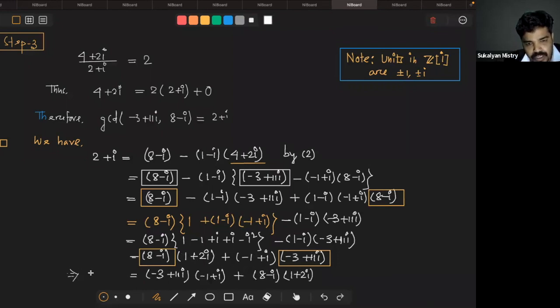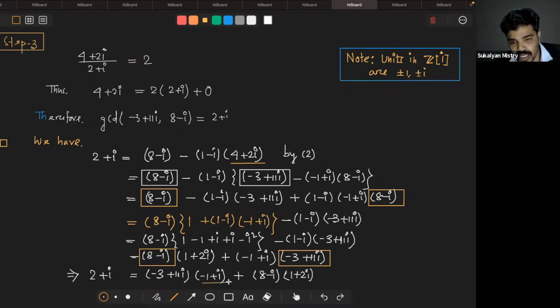So এবার যদি কম্পেয়ার করো, so ultimately what we get 2 plus i, that is GCD of minus 3 plus 11i into 8 minus i. So this is our x, or minus 3 plus 11i into x ছিল আর 8 minus y এর সঙ্গে y ছিল, so this is our y.